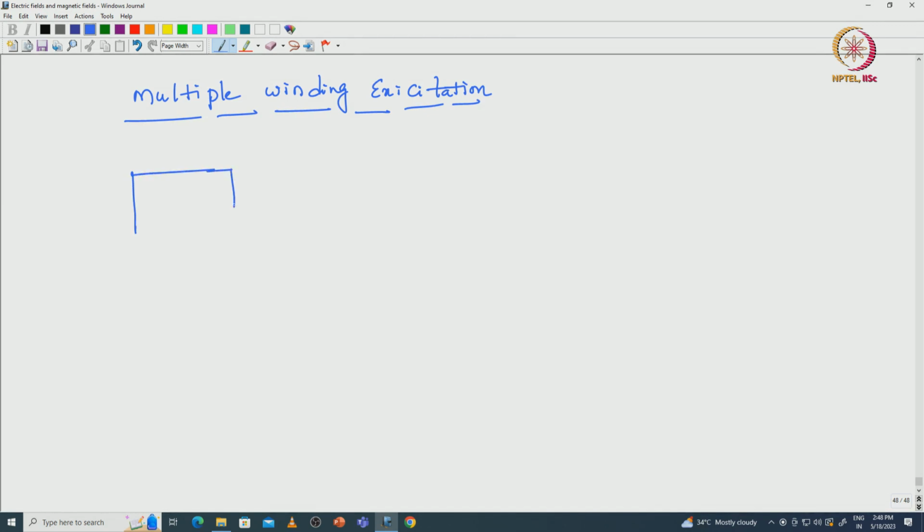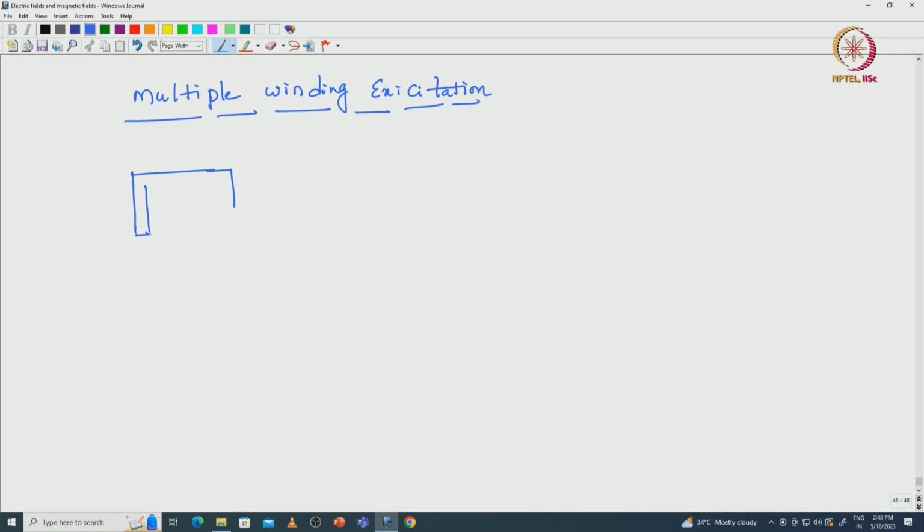Now we will see the force equations with respect to multiple winding excitation. Consider a magnetic circuit, the same type of magnetic circuit.